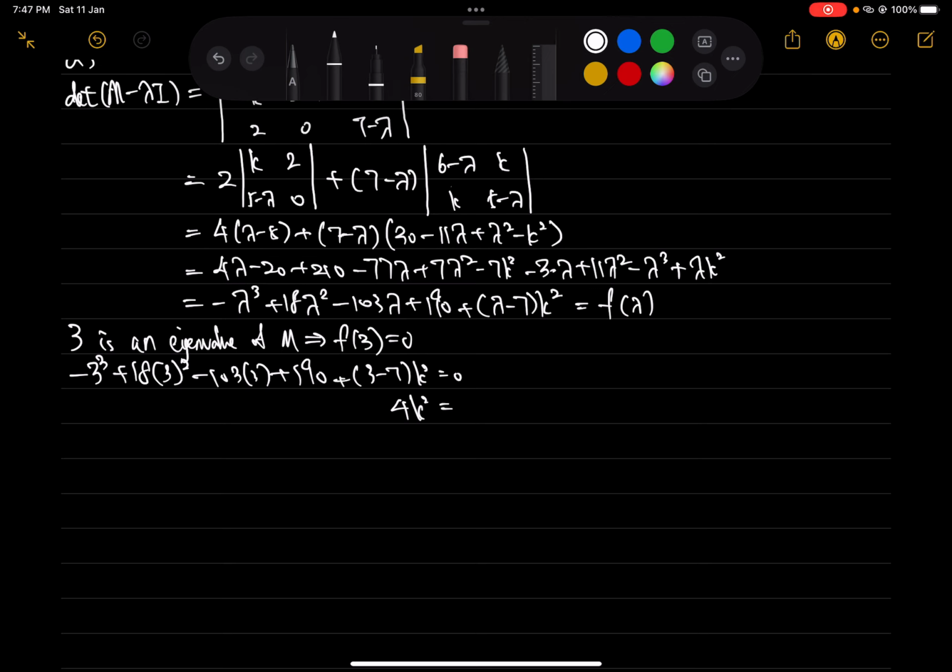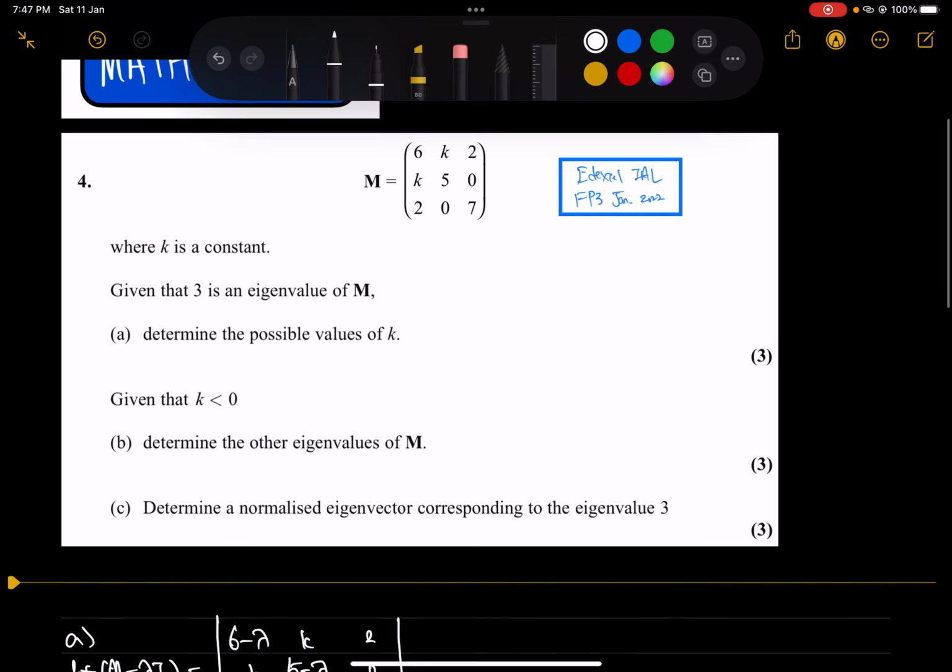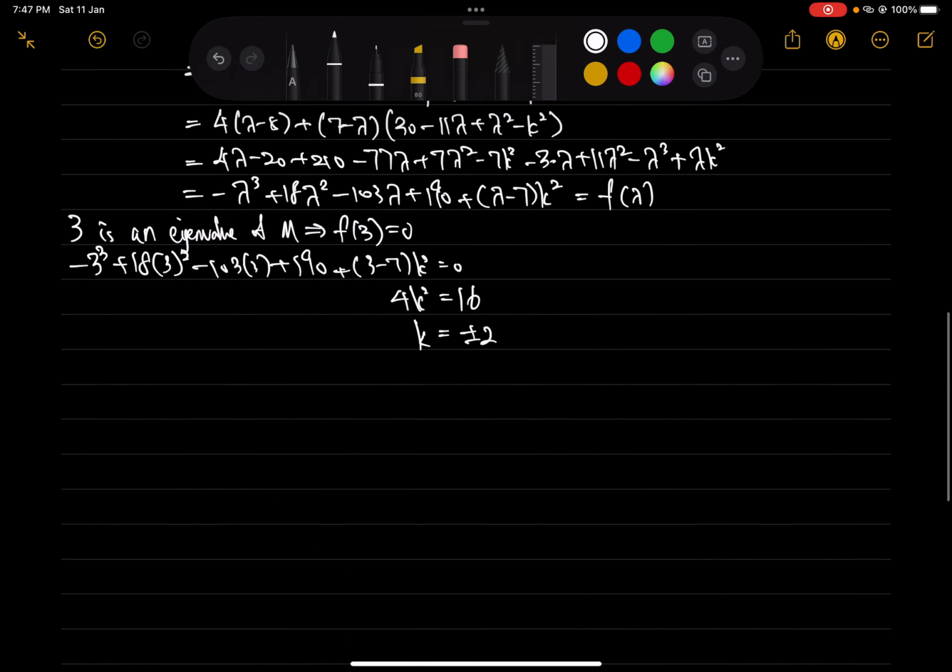So that's 140 minus 135, minus that monstrosity plus 90. So that should be 325 minus 309. So it's 16, which means k is positive or negative 2. And that's it for part A. Quite easy.